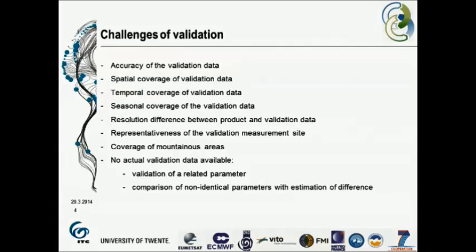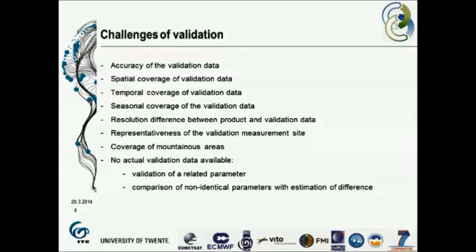There is the resolution difference between product and validation data. In situ measurements often cover a rather limited area, and satellite products are seldom very high resolution, especially if they are global products.